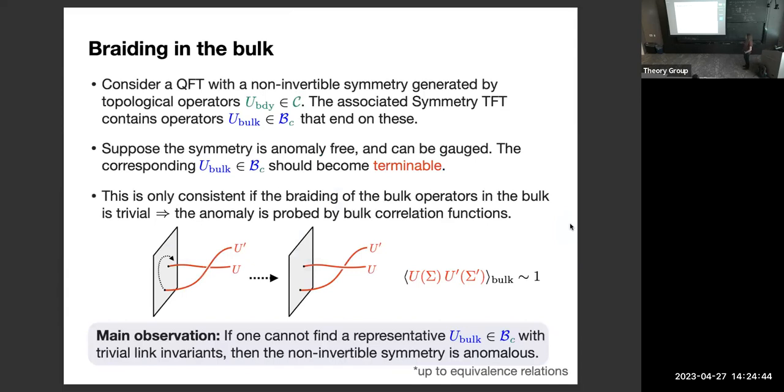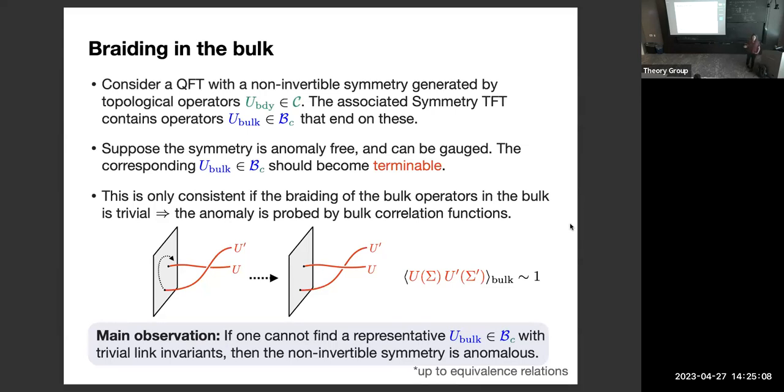Okay, so now let me state the main observation. We have a quantum field theory. It has some general categorical symmetry, and it's generated by topological operators in my quantum field theory.